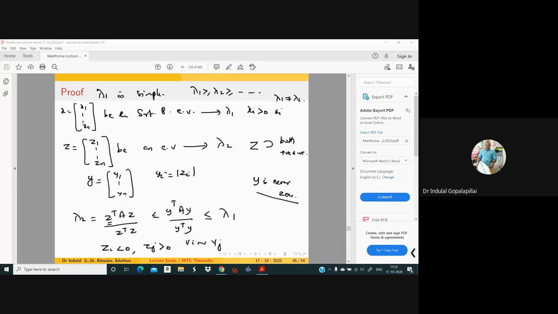So why is it so? There should be some zi less than 0 and some zj greater than 0 for which vi is adjacent to vj. Otherwise, the edges are obtained only within the vertices with zi less than 0 and within those vertices with zj greater than 0.